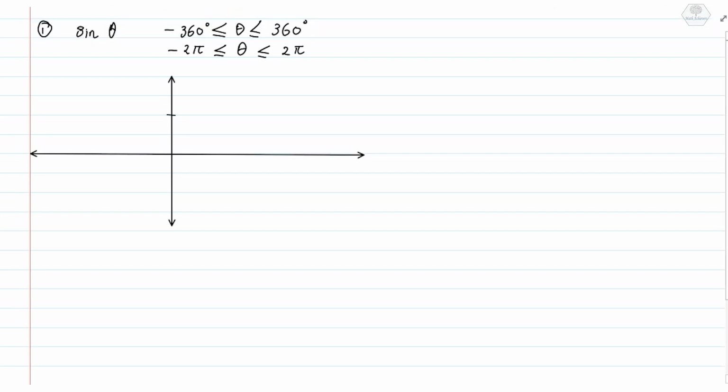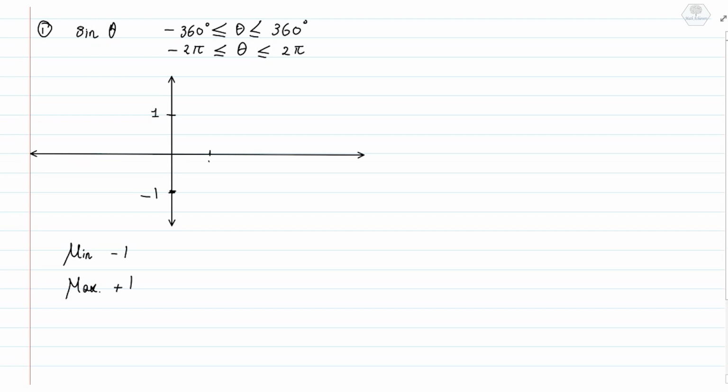It's important to know that the maximum value for sine theta is 1 and the minimum value is -1. That's very important to know. So let's start drawing.